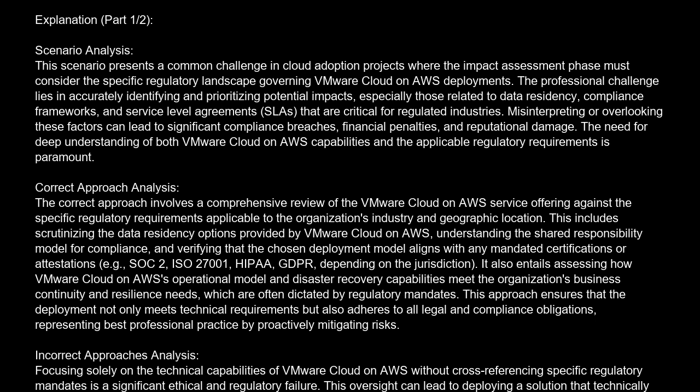This includes scrutinizing the data residency options provided by VMware Cloud on AWS, understanding the shared responsibility model for compliance, and verifying that the chosen deployment model aligns with any mandated certifications or attestations, e.g., SOC 2, ISO 27001, HIPAA, GDPR, depending on the jurisdiction.